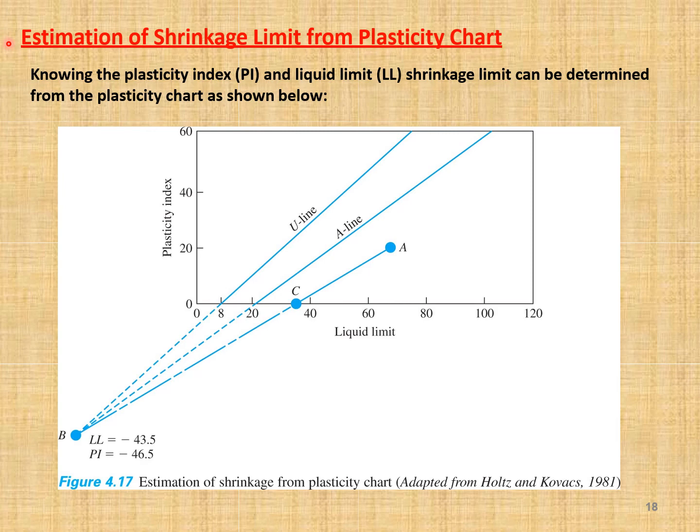Estimation of shrinkage limit from the plasticity chart. Knowing the plasticity index PI and liquid limit, the shrinkage limit can be determined from the plasticity chart as follows. If you look at the modified form of Casagrande's plasticity chart, we have the U line, and upon that we have the A line.